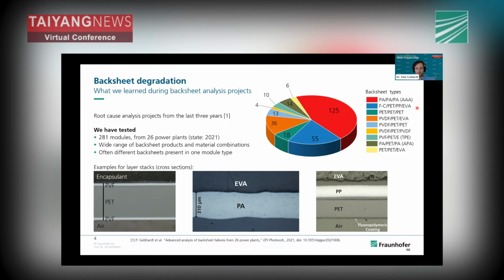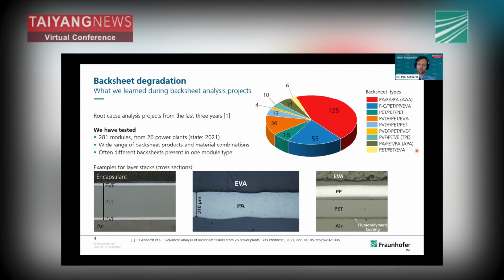Some of them are listed here, the most frequent ones in our lab. Of course, this is not representative of the market, because these modules come from a long range of time, sometimes almost 10 years ago.